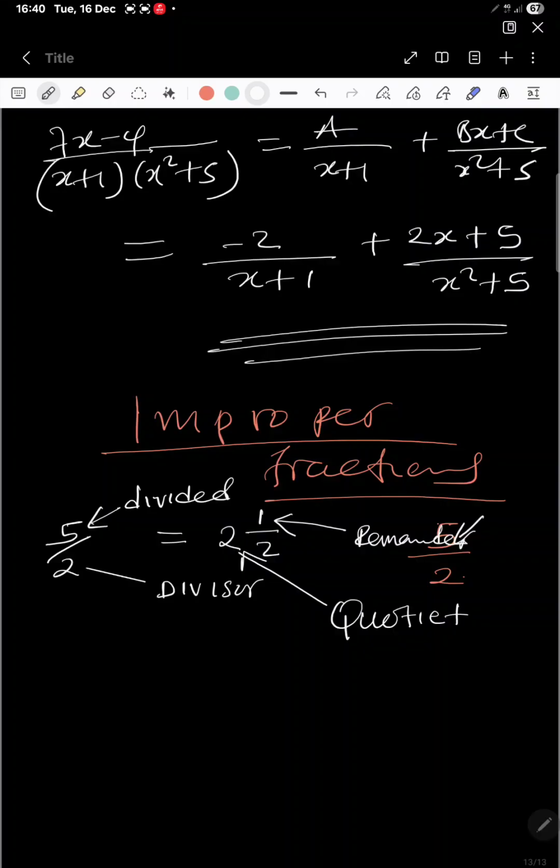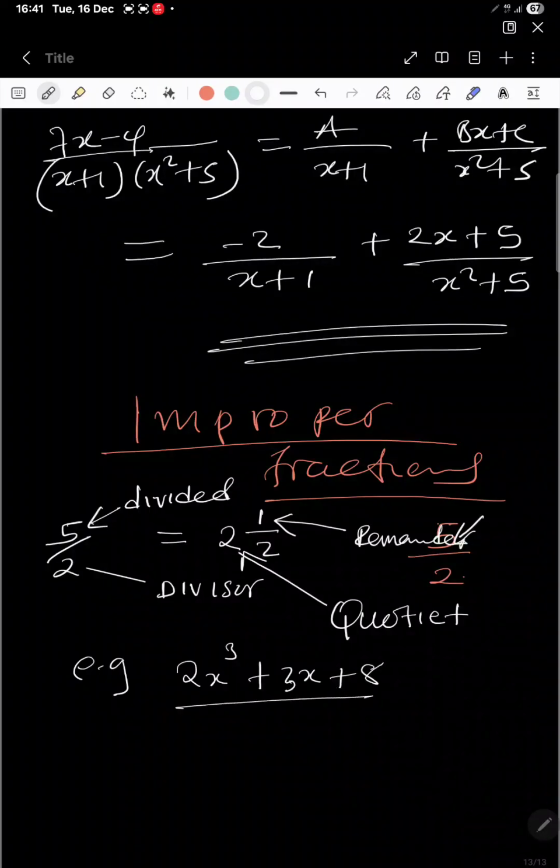Now, how do you know that this is an improper fraction? An example of an improper fraction is 2x to the power 3 plus 2x, or 3x plus 8 over x squared plus 3x plus 2.